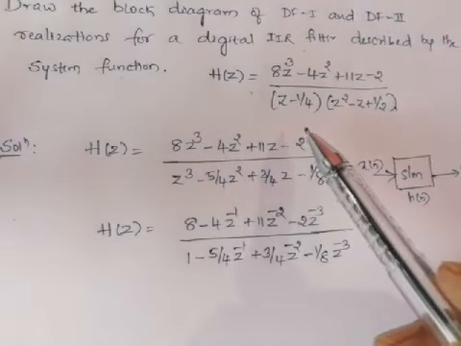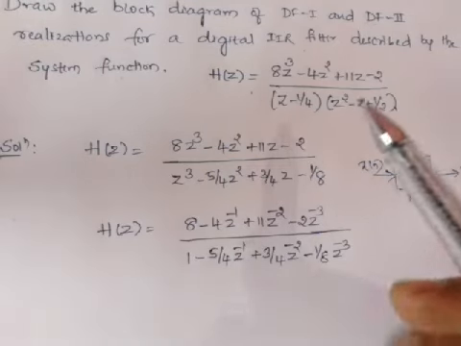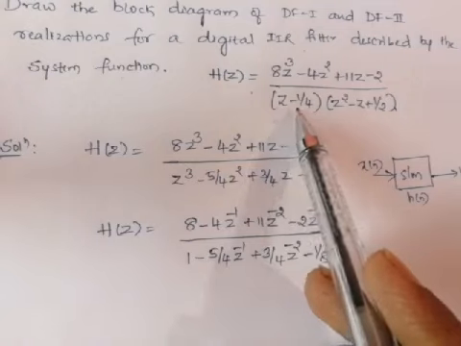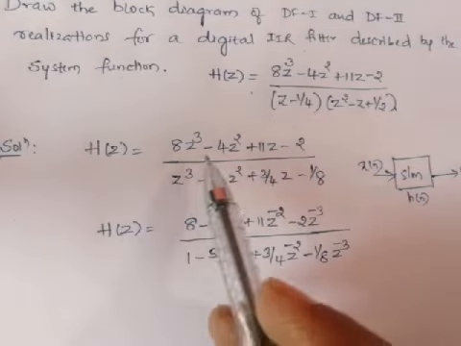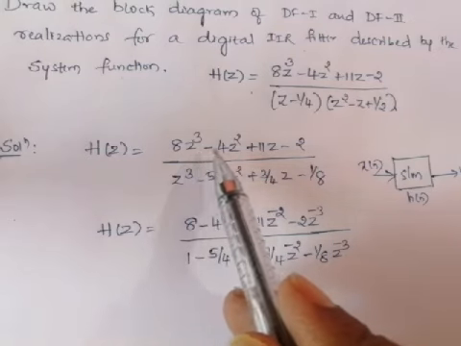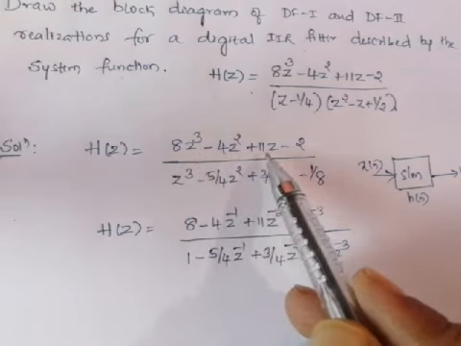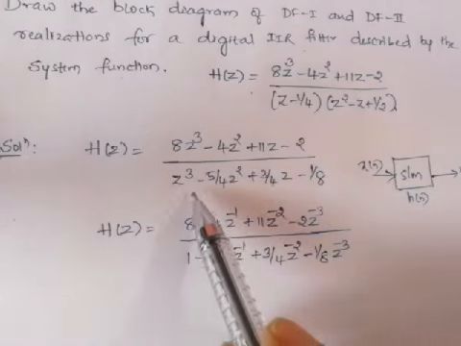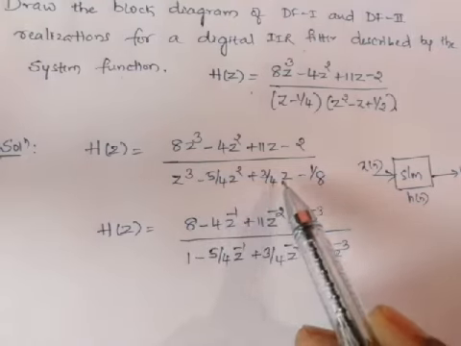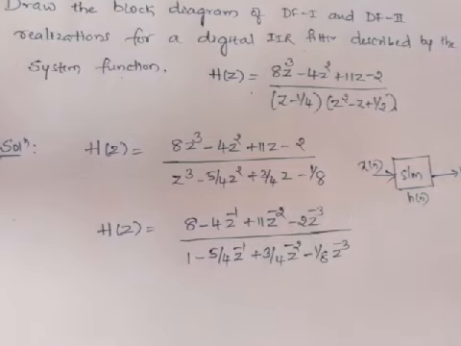So for that, I am going to simplify the given system function first. Let us simplify the denominator. After simplifying, I got 8 into z to the power 3 minus 4z square plus 11z minus 2 divided by z cube minus 5/4 z square plus 3/4 z minus 1/8.